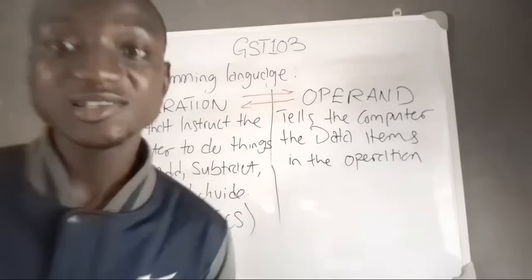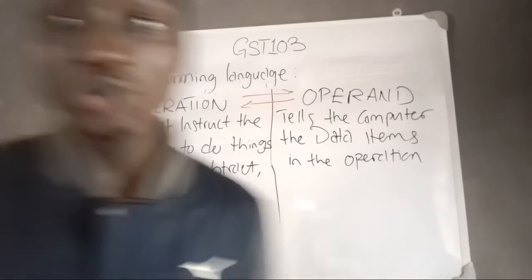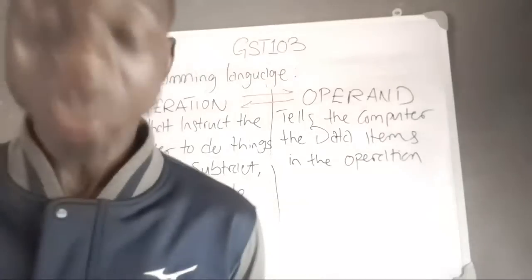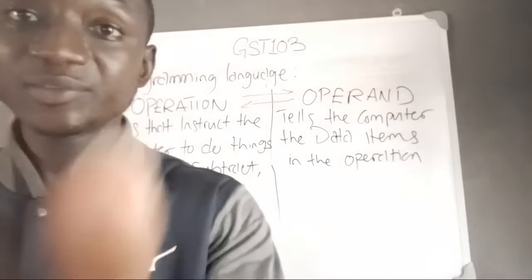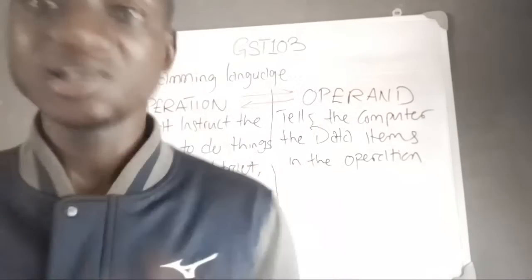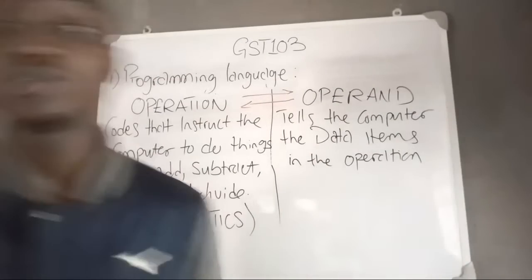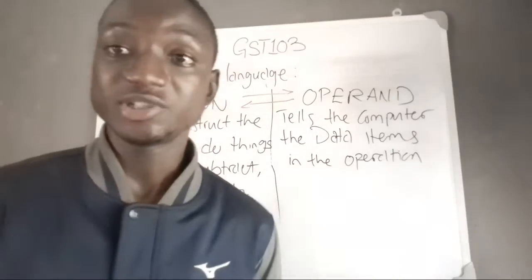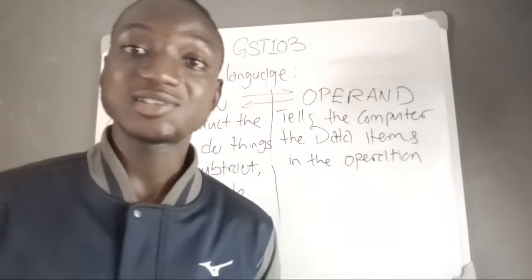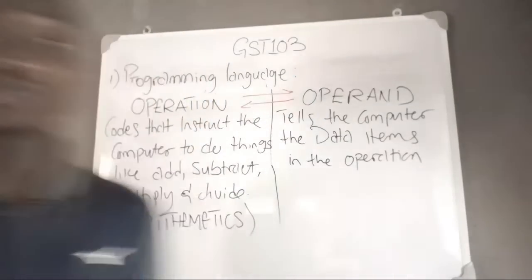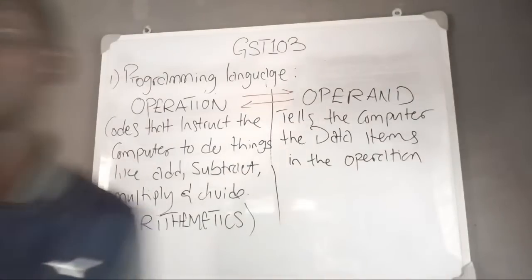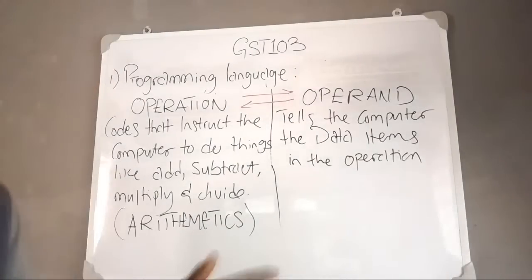If you can't see what's on the board clearly, click on the settings button that pops up on your phone, then go to your video quality and improve it to 360 or 720p. Then it will improve, because I can see from my laptop here and it's clear enough.